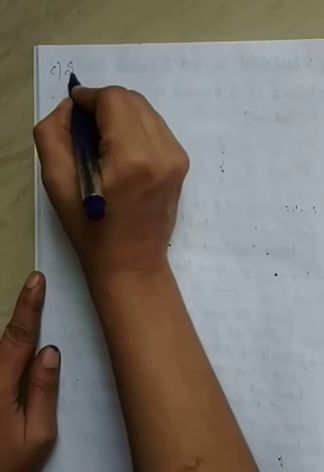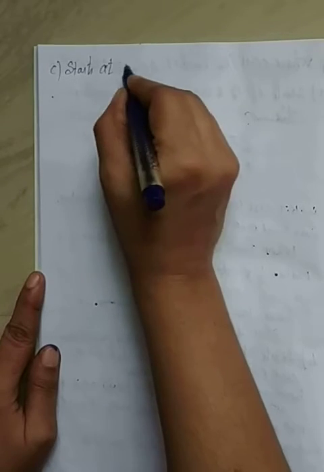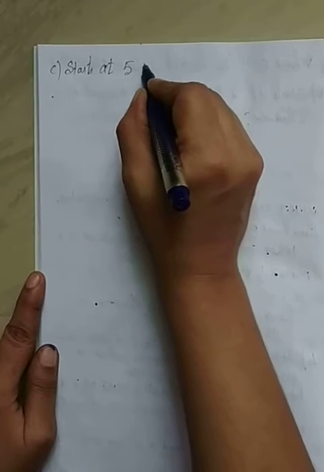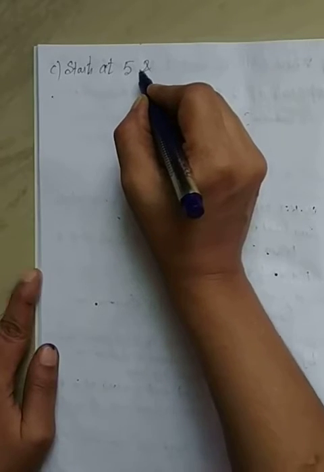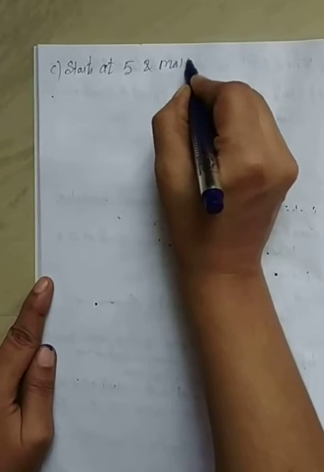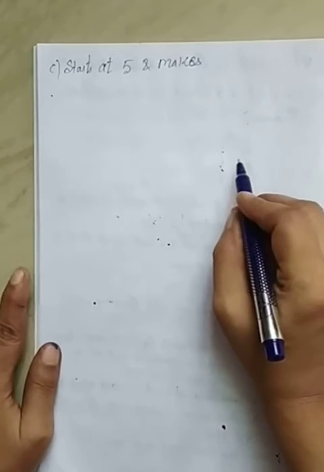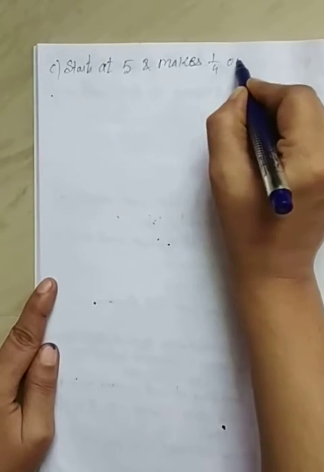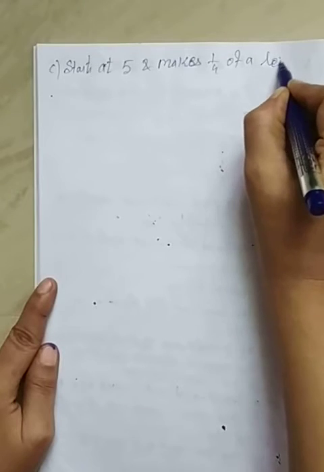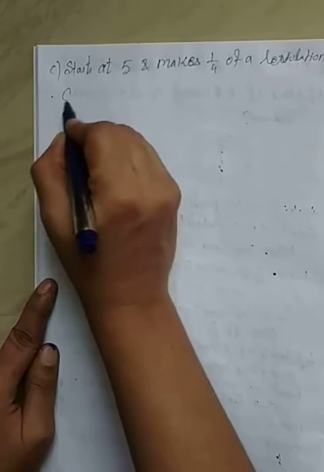Now see the third one. Starts at 5 and makes 1 by 4 of a revolution clockwise.